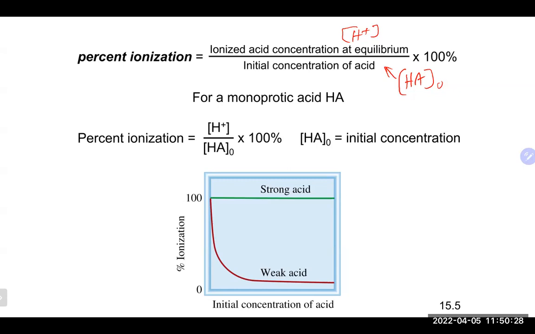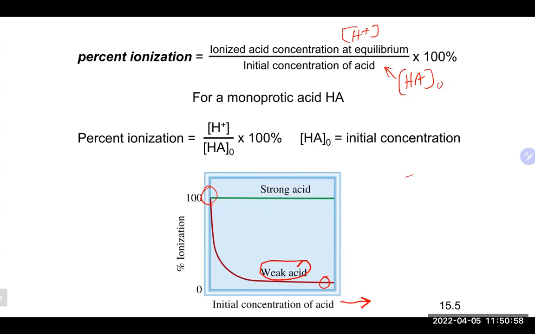And what we see is what I was just explaining a second ago. We do see a difference in percent ionization depending on the concentration of the acid. First off, a strong acid is 100% ionized. It completely breaks apart, which is that green line. But what we do see is, as the acid concentration increases in a weak acid situation, we actually see the percent ionization go down. And again, that's sort of the example I just said.